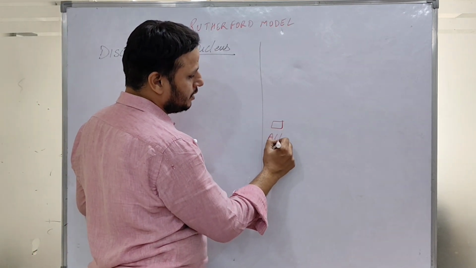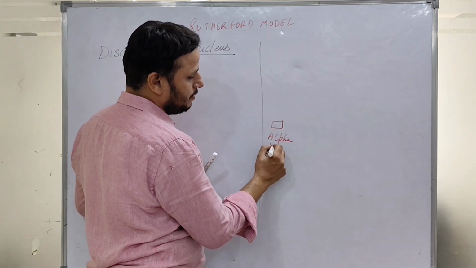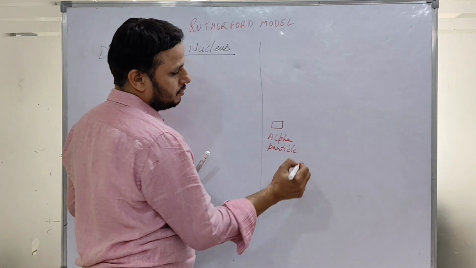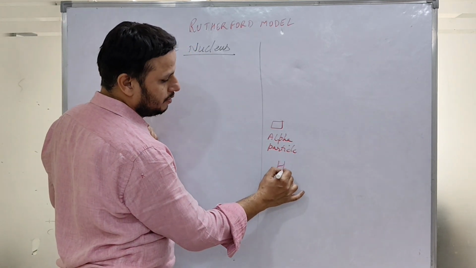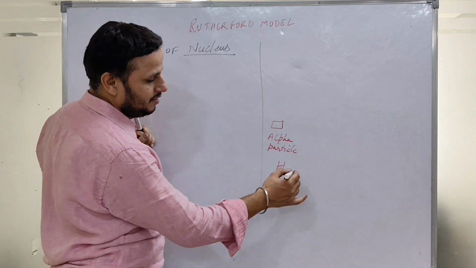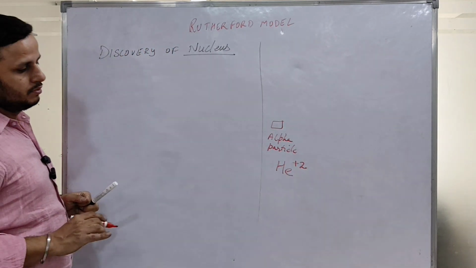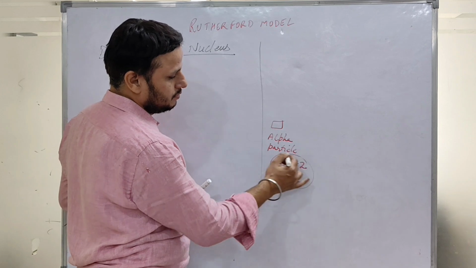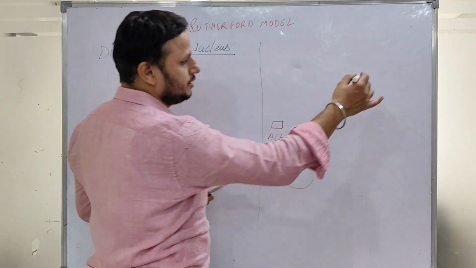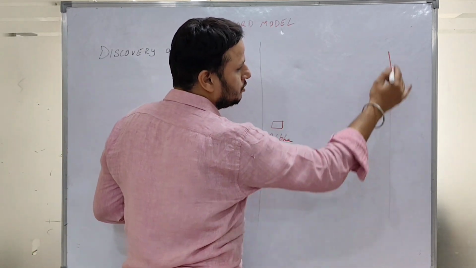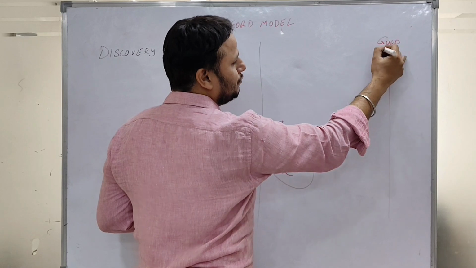Again, the alpha particles, the charged alpha particles, which are helium with two electrons lost. So these are alpha particles, and he bombarded alpha particles on a very thin gold foil.